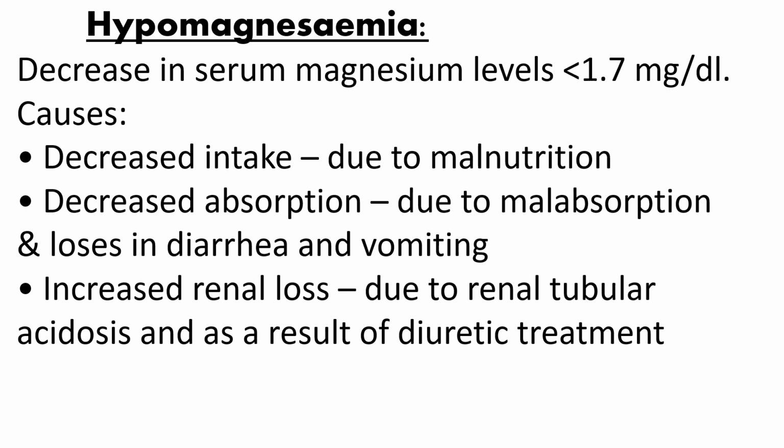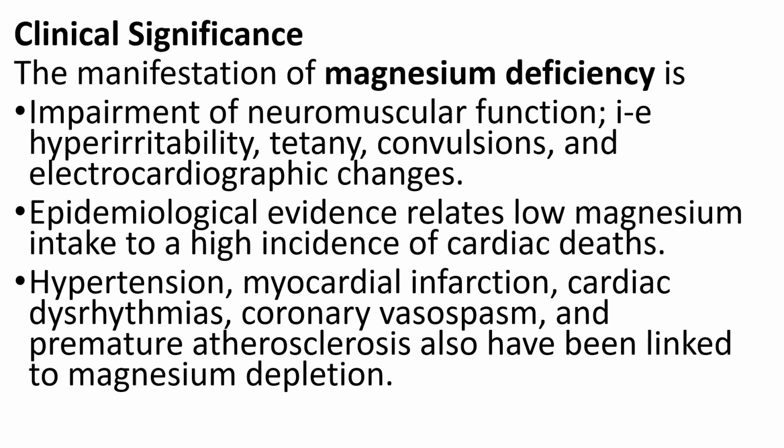Now, renal tubular acidosis. In renal tubular acidosis, what happens is that magnesium is lost in urine because it carries the positive charge, or when diuretic therapy is given to the individual to treat hypertension. Now, clinical significance.